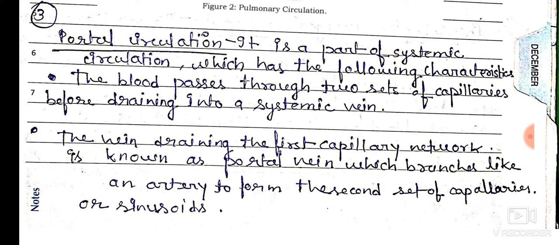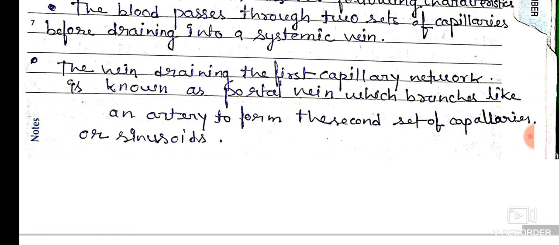The third one is portal circulation. It is part of systemic circulation which has the following characteristics. First, the blood passes through two sets of capillaries before draining into a systemic vein.